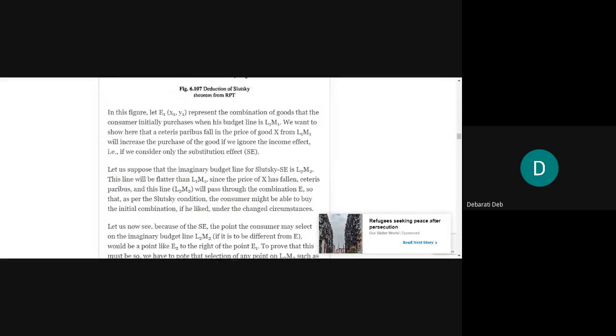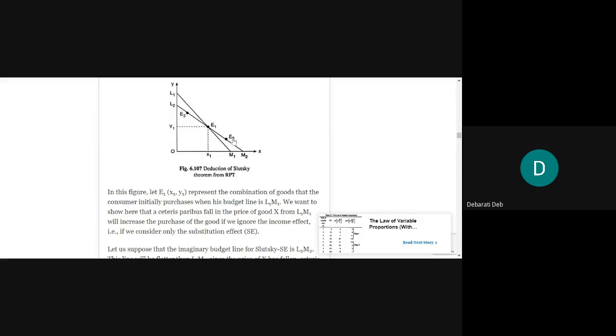Now say the consumer wants to select another combination, then the combination will fall towards the right of the previous point E1 on the new budget line L2 M2, and this has been notified by the point E2 in this figure.